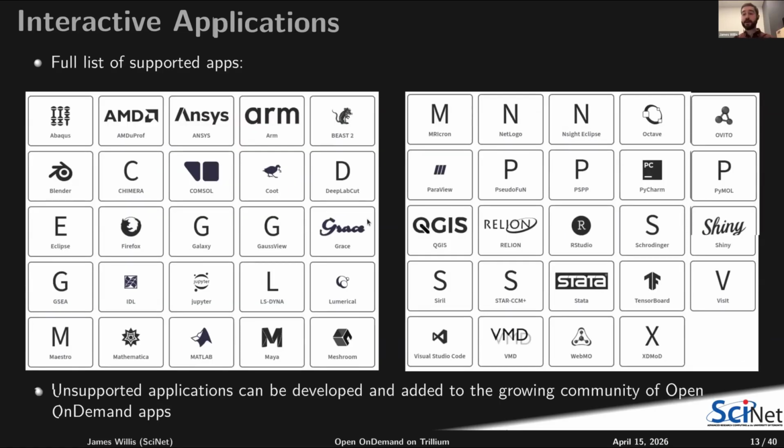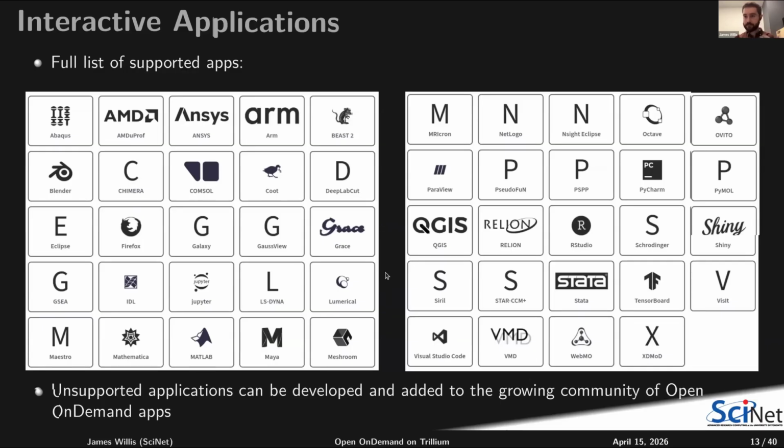The whole suite of applications that are supported by the Open On Demand community is growing every day. We only have a select subset of applications on our Open On Demand deployment, but if you have a need for any new applications that are not there, please don't hesitate to contact us. We can install it and we can work with how your workflow progresses.